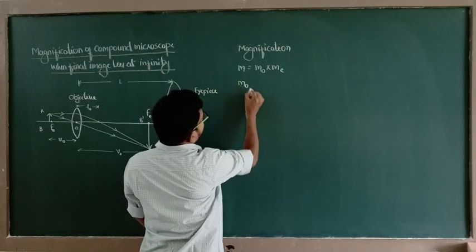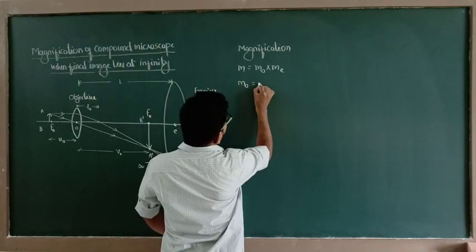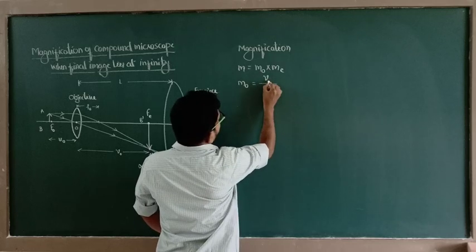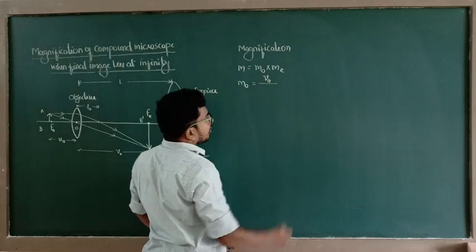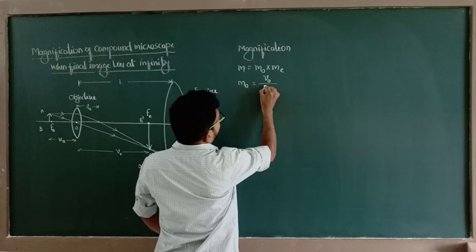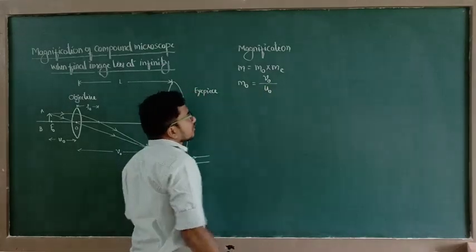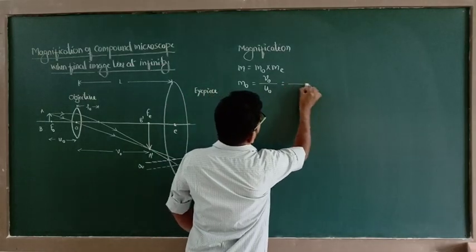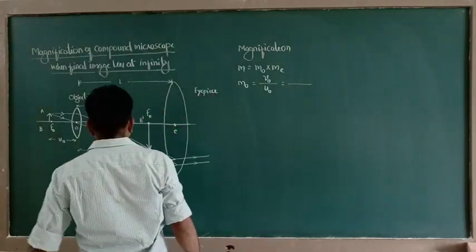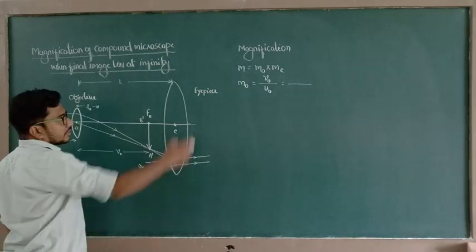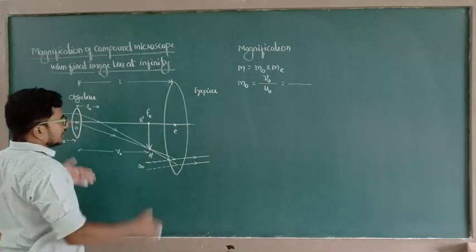The magnification of the objective is equal to the ratio of the image distance with respect to the objective to the object distance with respect to the objective. So the object distance is U naught and the image distance is V naught.